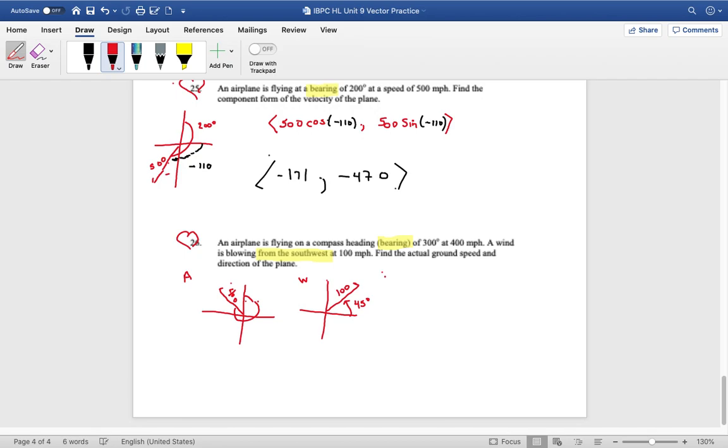So they want to find the actual ground speed and direction of the plane. So that means I have to add the plane as well as the effect of the wind. So the wind, not a big deal, right? The wind is 100 cosine 45.